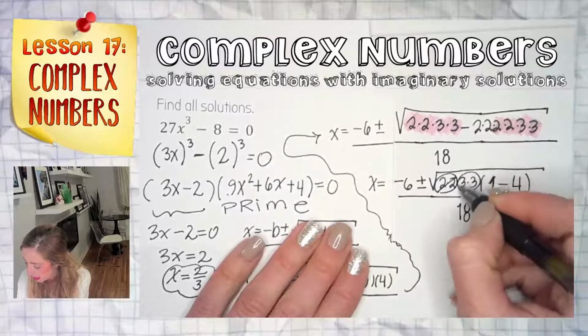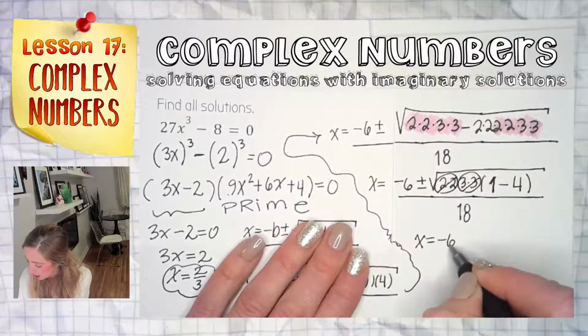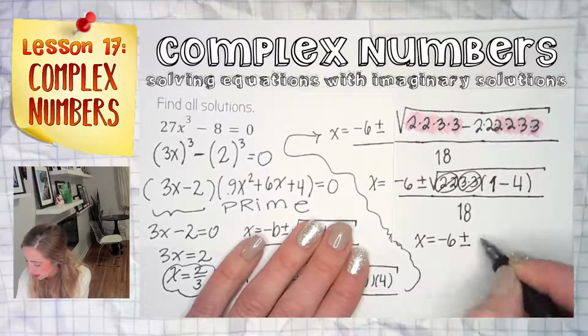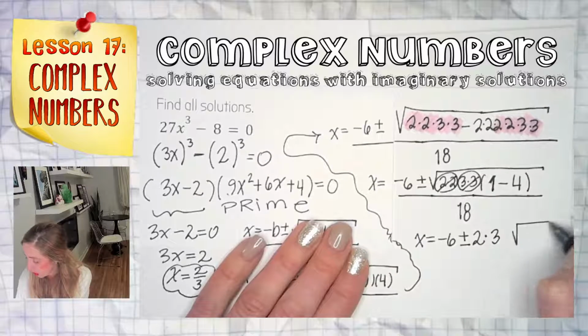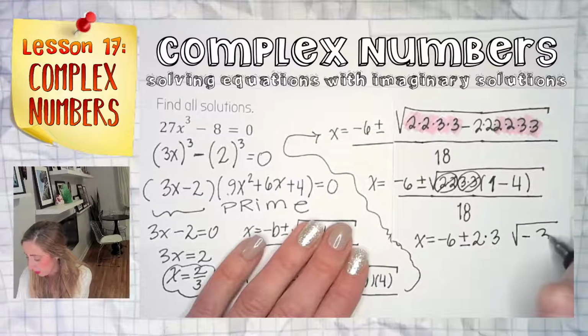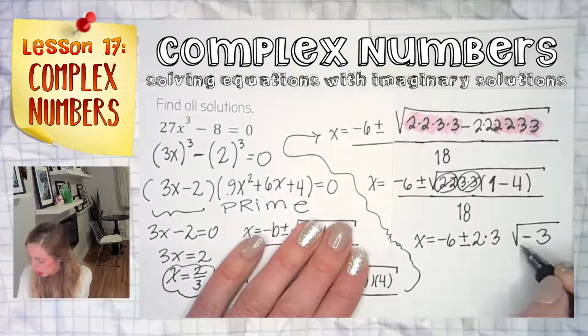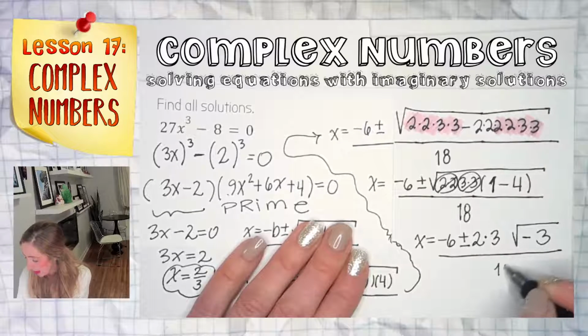This and this take a pair to make a square. x equals negative 6 plus or minus, 2 comes out, 3 comes out, radical 1 minus 4 is left. And what is that? We said it's negative 3, all over 18.